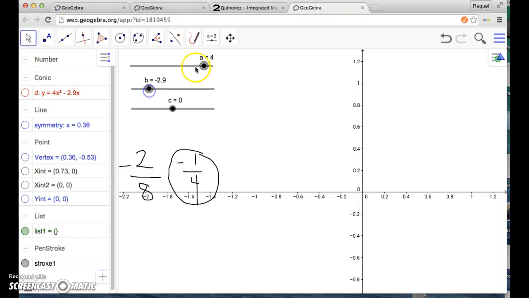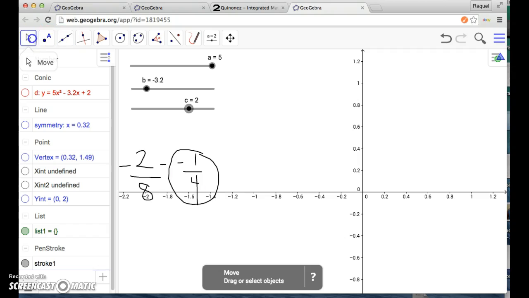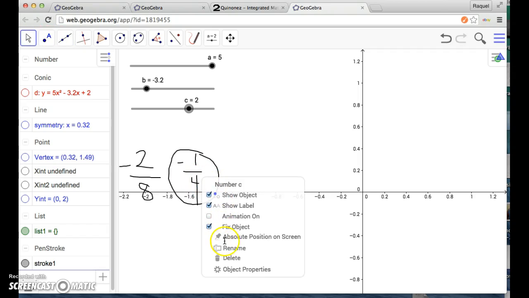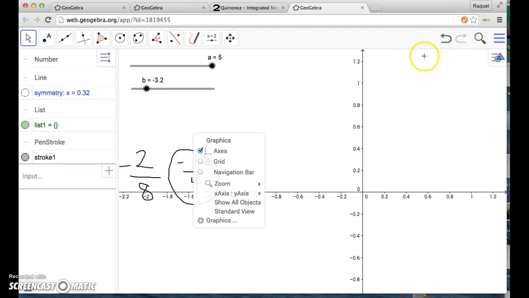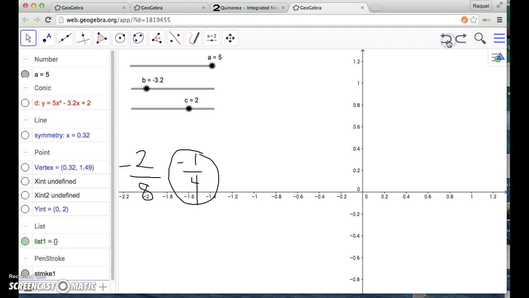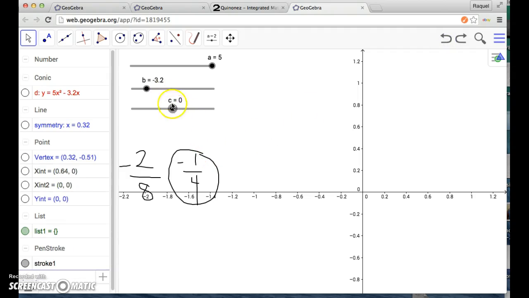So, kind of exploring this, let me give you an idea. Think about it like this. Press undo. Okay. So think of it this way. When you see a parabola, I'm just drawing some random parabola.